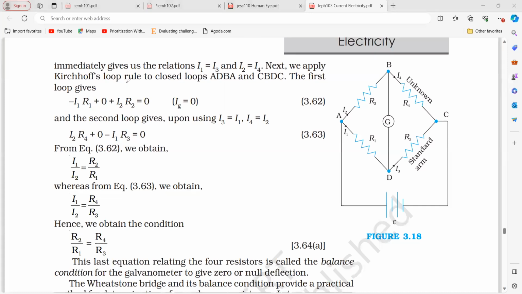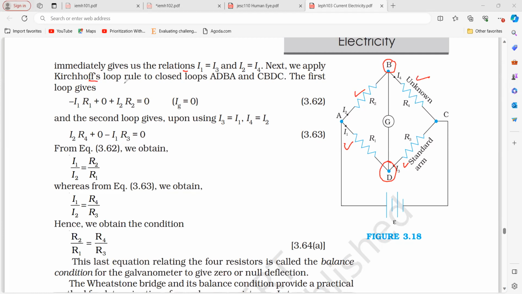Now, studying points B and D for the balance condition, it immediately gives the relationships I1 is equal to I3 and I2 is equal to I4.